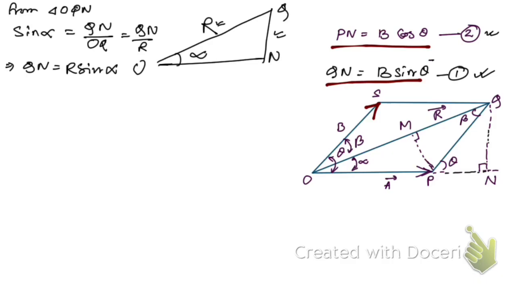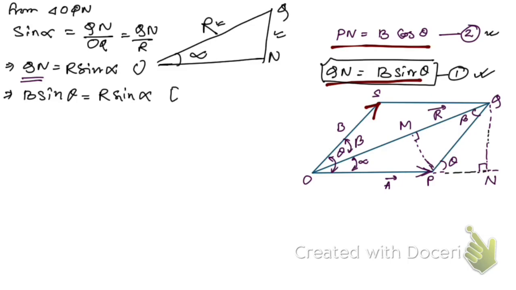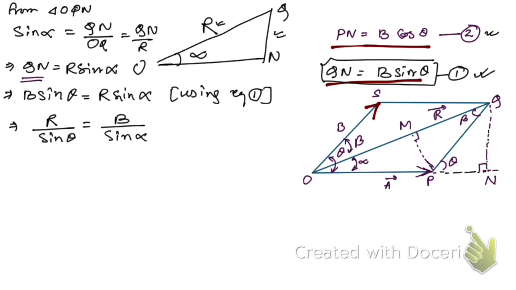And we know that QN is equal to B sin theta as well, so let me replace this by B sin theta. Using equation number 1, B sin theta is equal to R sin alpha. If you simplify this, you get R by sin theta equals B by sin alpha. Let it be equation number 3.